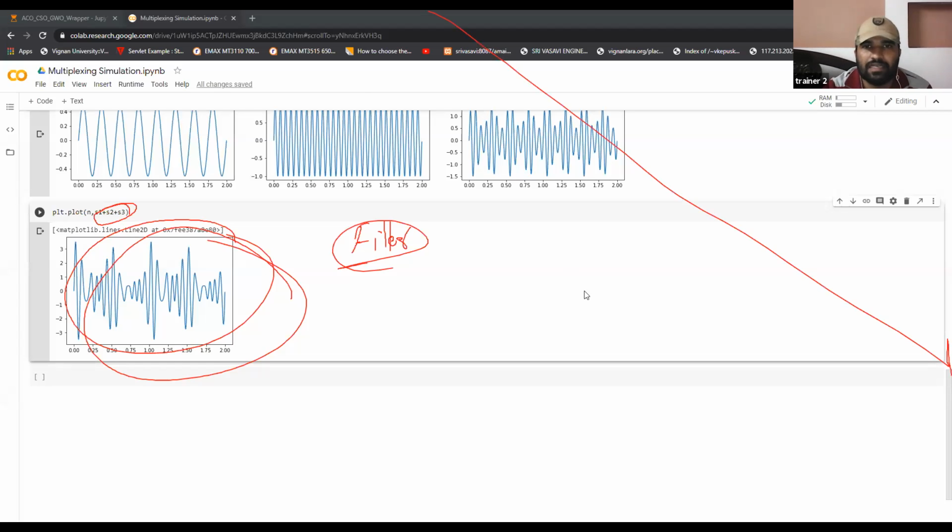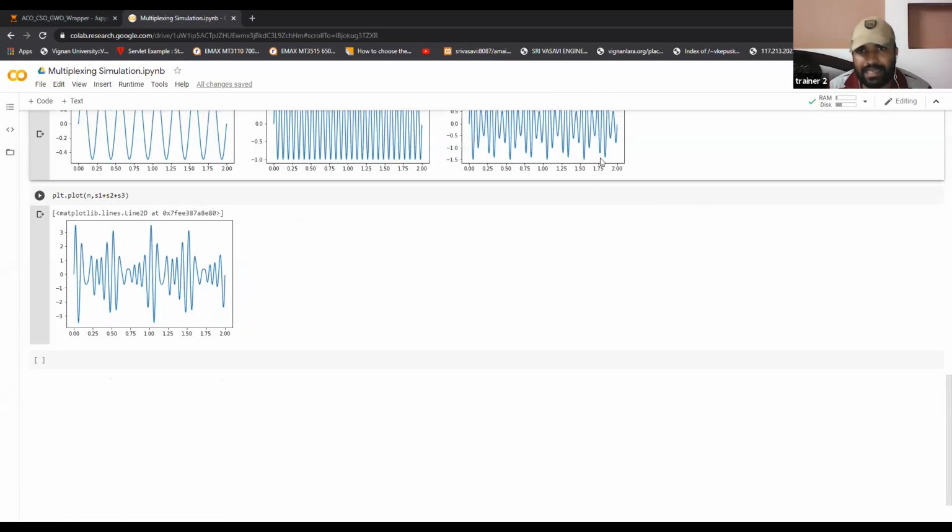So here, the frequency of this signal is different, this one is different, and this one is different. So if you have a filter which is capable of dividing the frequencies, that is nothing but a band pass filter, you can recreate one of these S1, S2, S3 from this combined signal and you can extract by demodulating the signal.